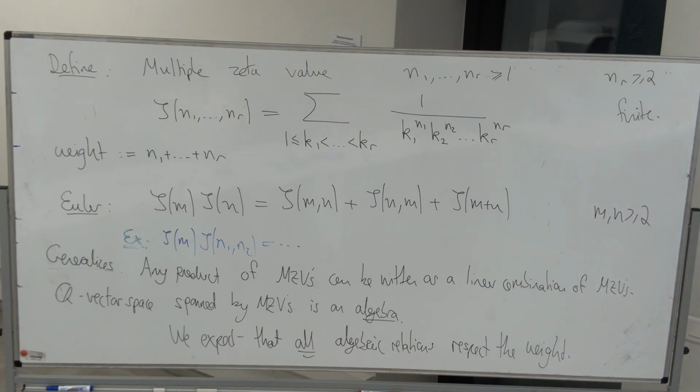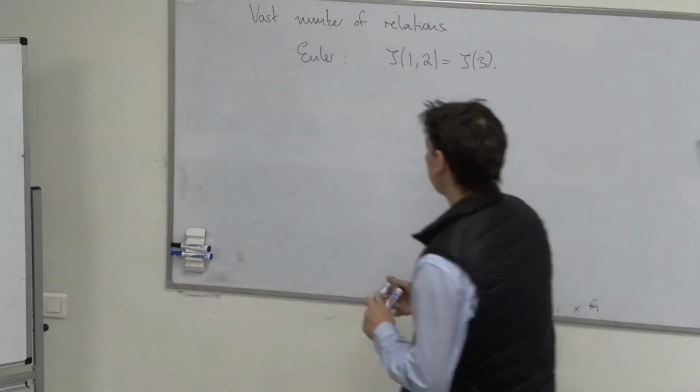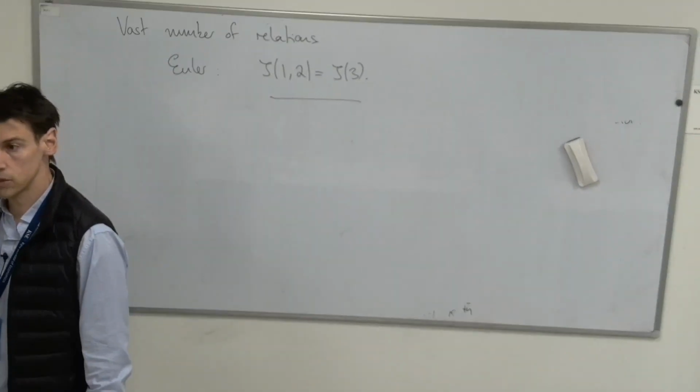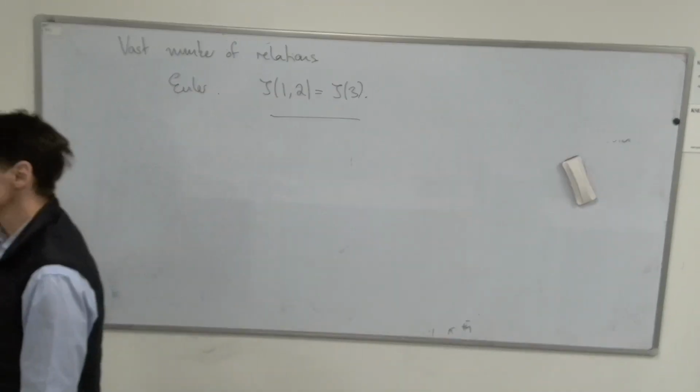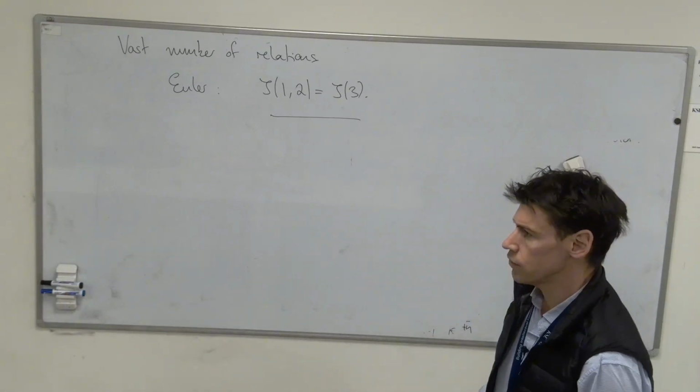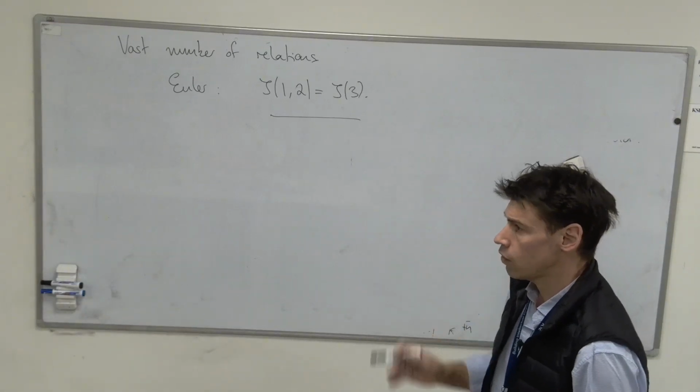But Euler, for example, showed that zeta 1 comma 2 equals zeta 3. And this is not obvious. Okay. So then this subject was forgotten for about 250 years. There's a paper in, I think, the 1750s, and it was completely forgotten for well over two centuries.